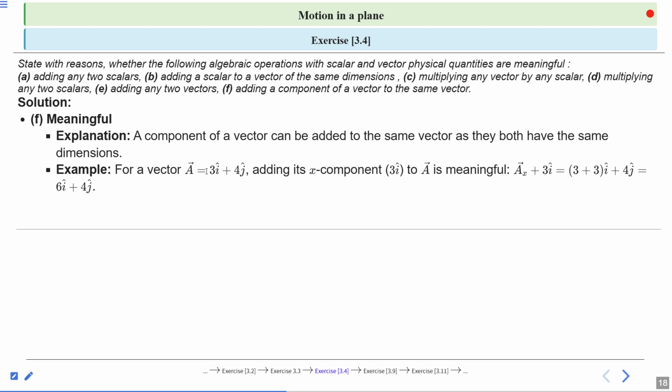So the x component of vector A is 3 i cap. So Ax plus 3 i cap is equal to 3 plus 3, we take i cap common, so (3 plus 3) i cap plus 4 j cap equals 6 i cap plus 4 j cap. So this is a meaningful sentence.